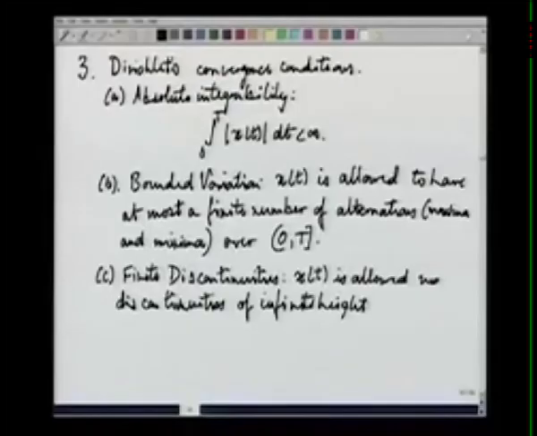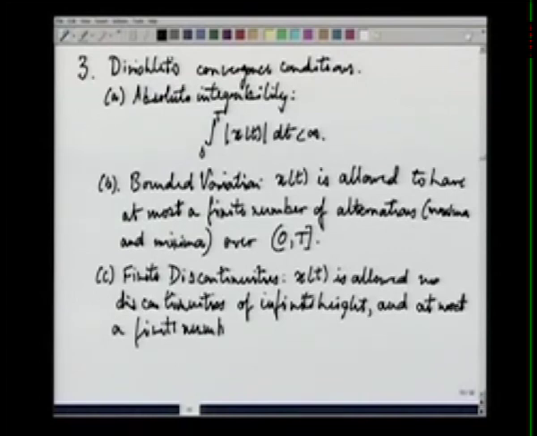However, it is allowed no discontinuities of infinite height, and at most a finite number of finite height discontinuities over one period.